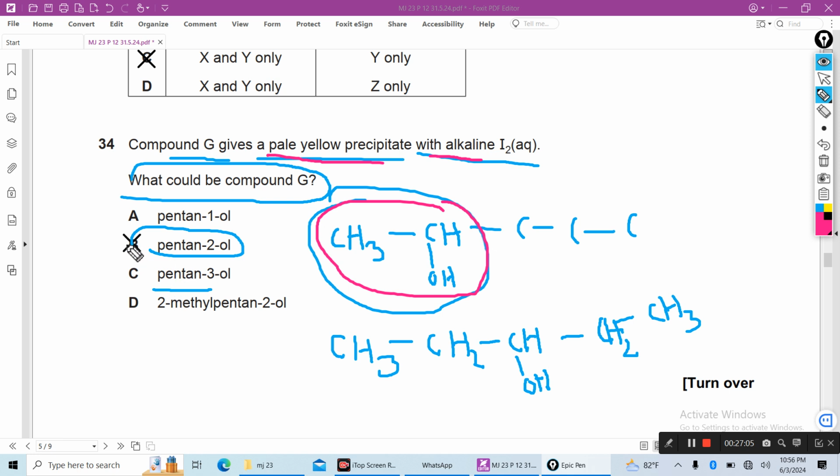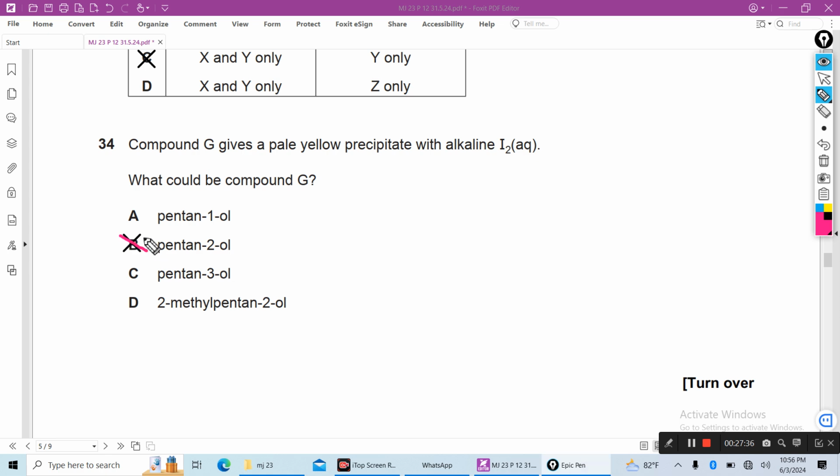So B is the right answer. C is wrong. Why? Because C has a secondary alcohol group, but it has no CH3CHOH group; CH3CH2CHOH, this group is absent. And 2-methylpentan-2-ol is a tertiary alcohol. Tertiary alcohol does not give the iodoform test. So B is the right answer.